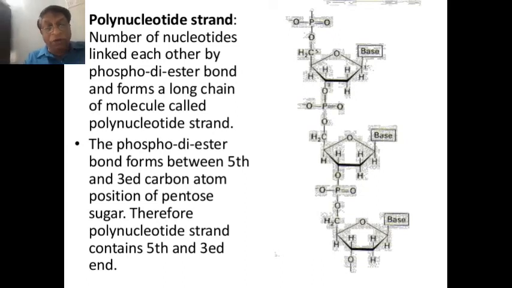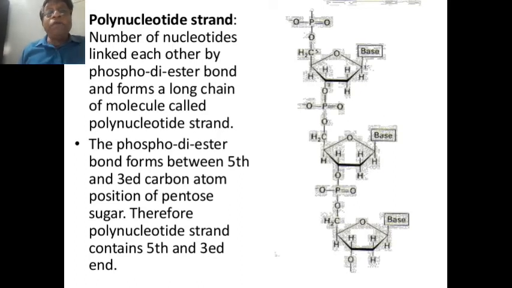A polynucleotide chain is one which consists of more than 5 nucleotides. These nucleotides are joined end to end and form a big molecule or polynucleotide chain.